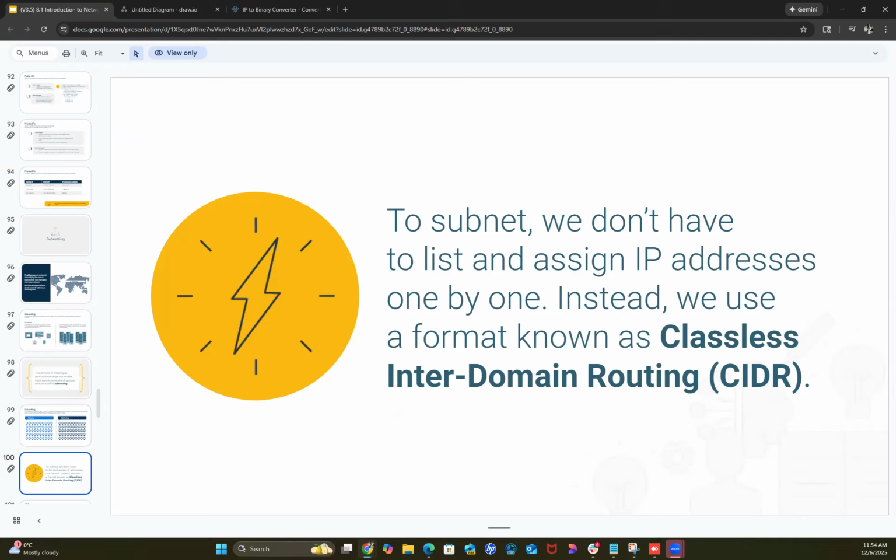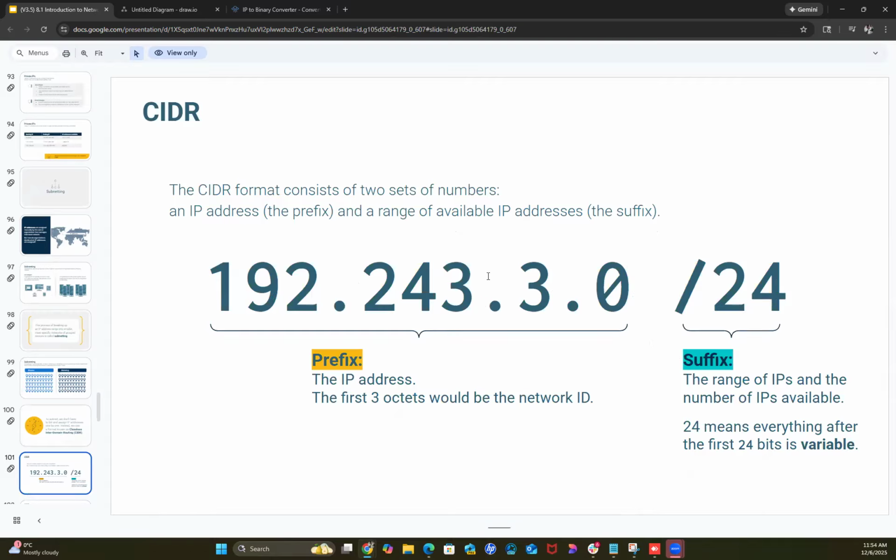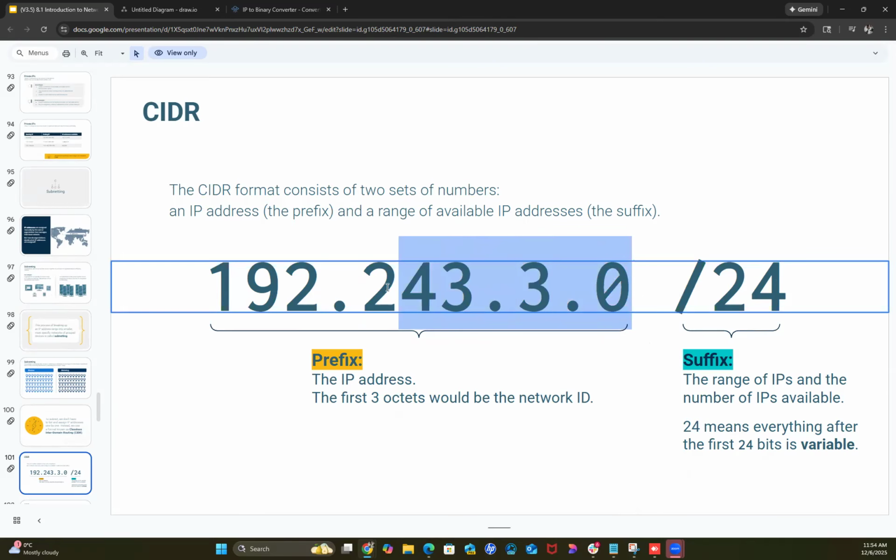So we use a format known as CIDR to group addresses together. The CIDR format is made of two numbers, an IP address and a number indicating the range of IPs. CIDR is basically to define, one is the IP address and one is the range, how many IPs.